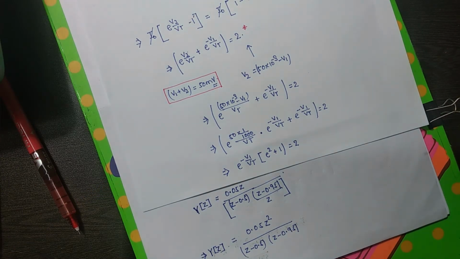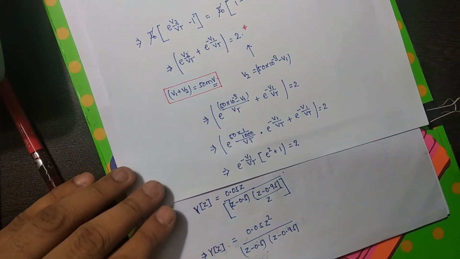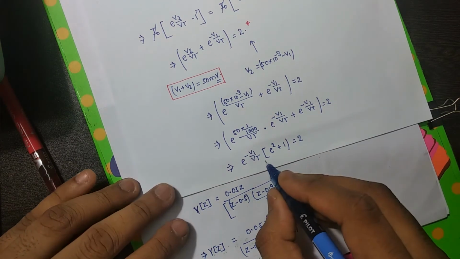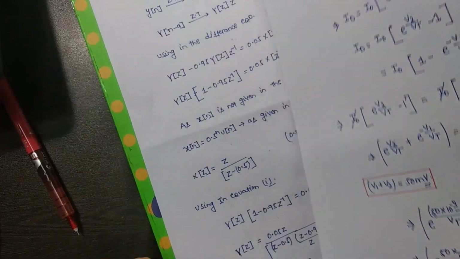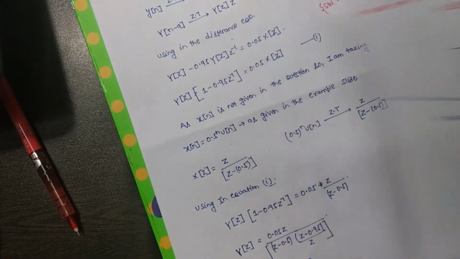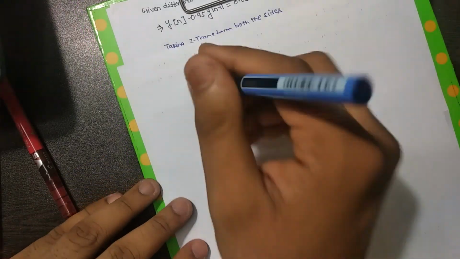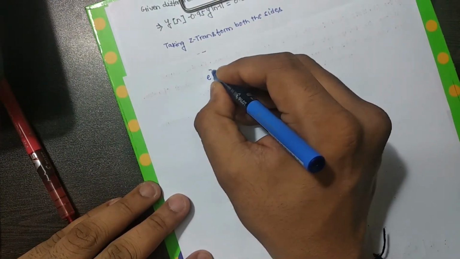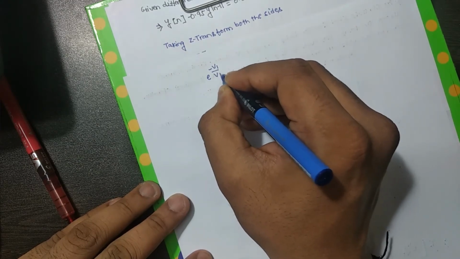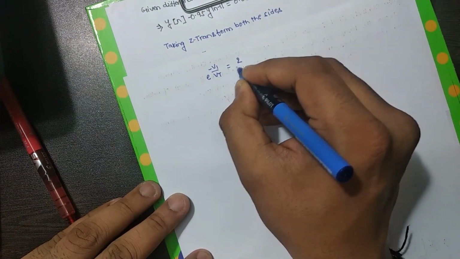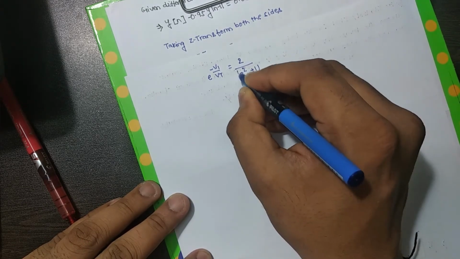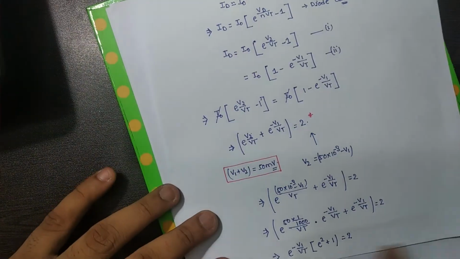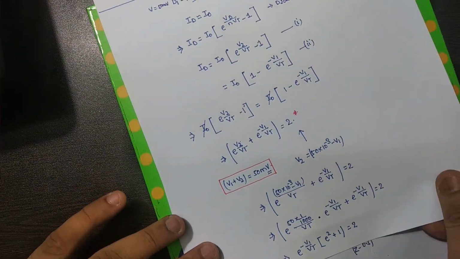Now on further solving, e to the power minus V1 by Vt is equal to 2 by e square plus 1. I have done nothing, I have just shifted this factor to the other side.